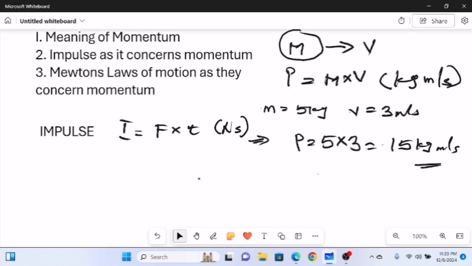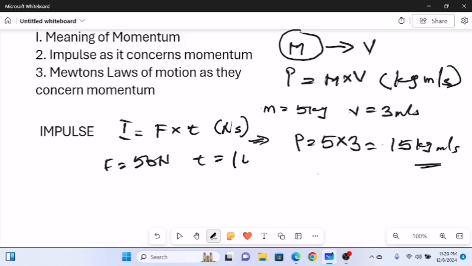Now let's say a boy exerts a force of 50 newtons, F equals 50 newtons, on an object within a time frame of 10 seconds.